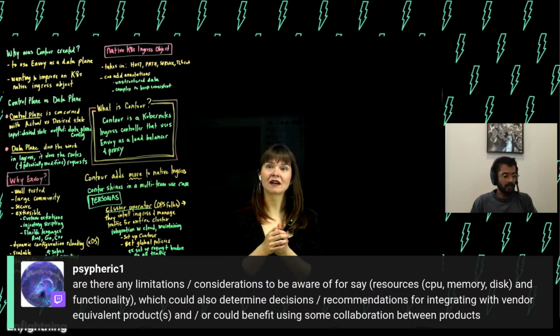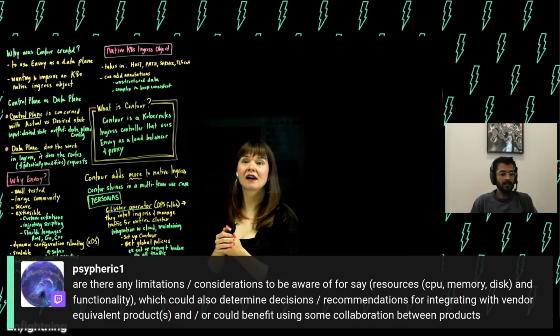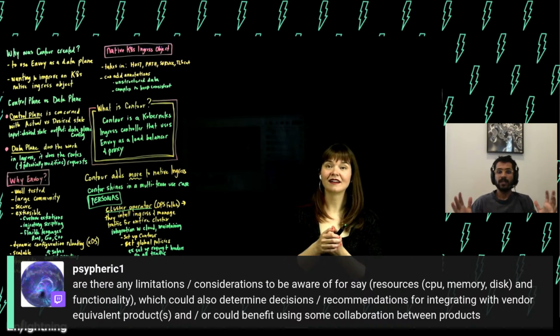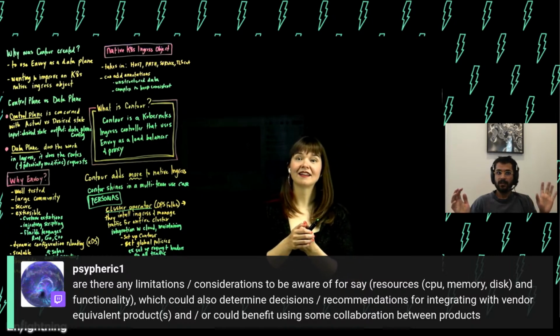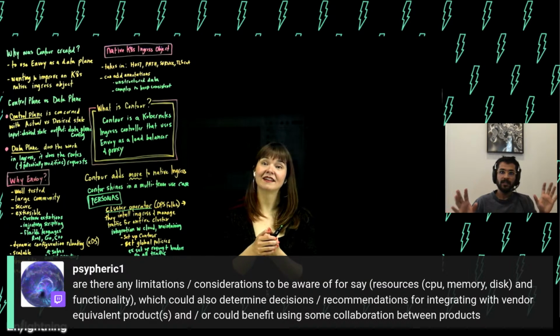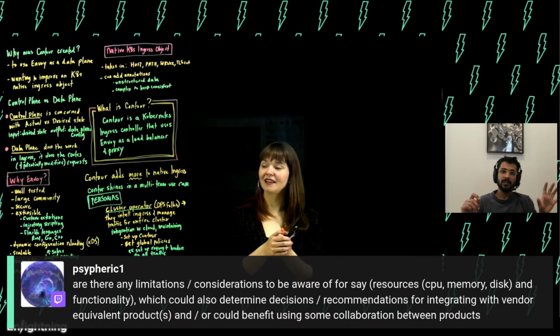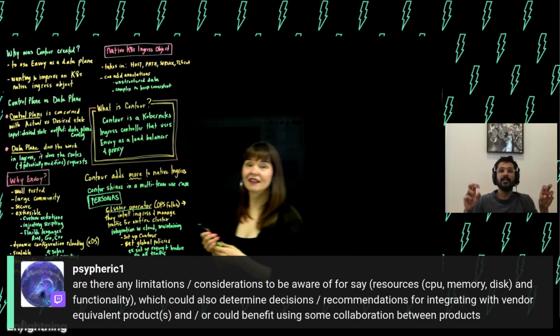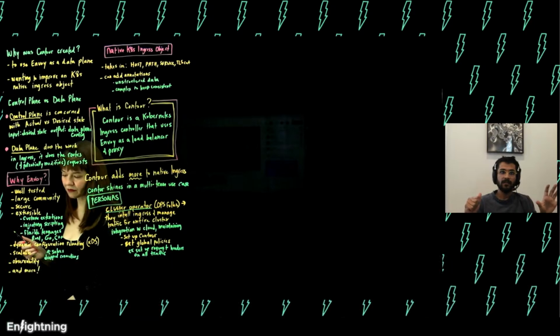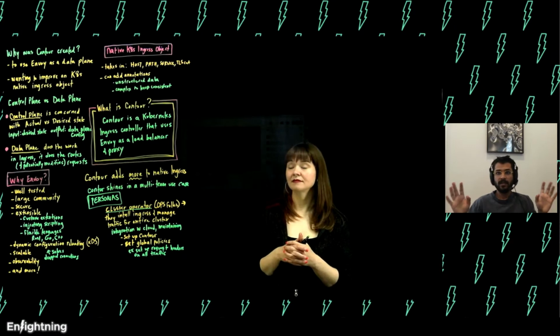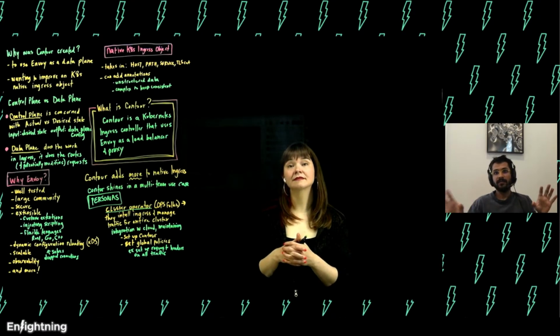So in terms of the way the operator persona would set up Contour, going back to our data plane, control plane discussion, they would end up deploying a control plane component, which is typically a Kubernetes deployment of the Contour service, the XDS server, as well as the data plane component, which often is a Kubernetes daemon set of Envoy instances.